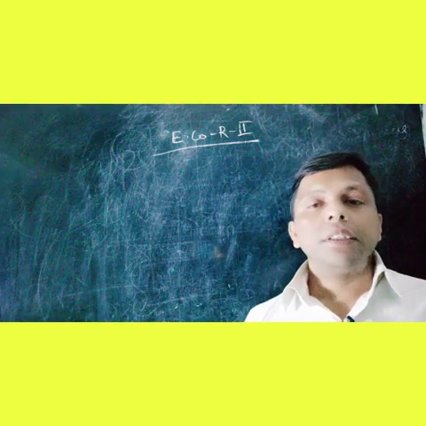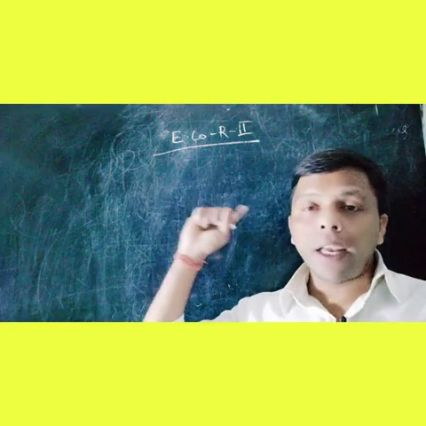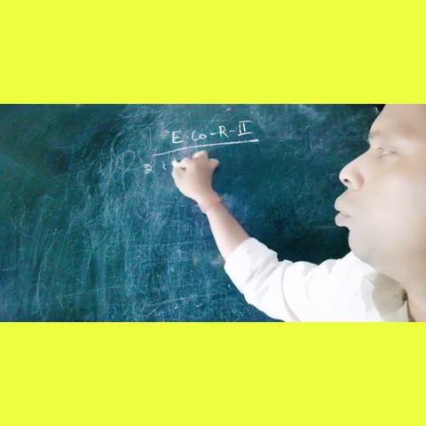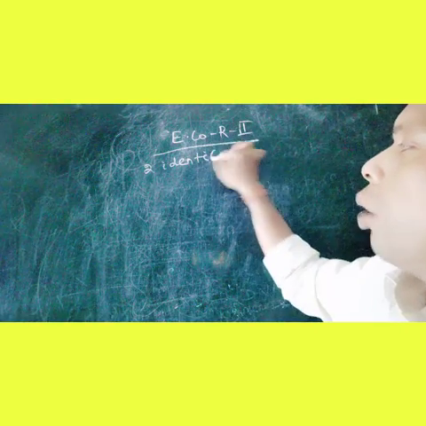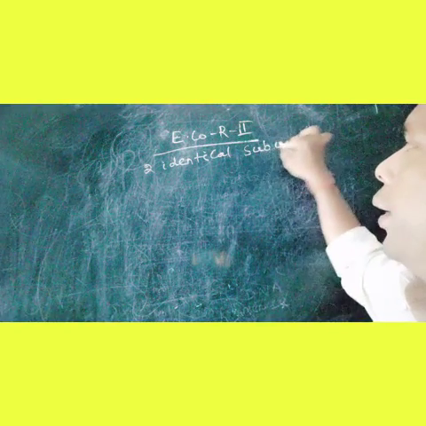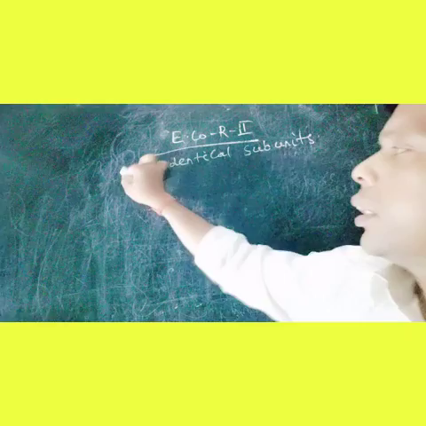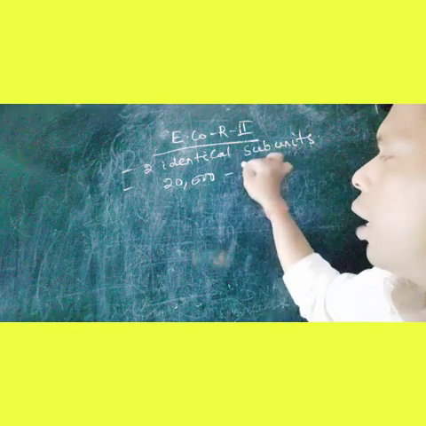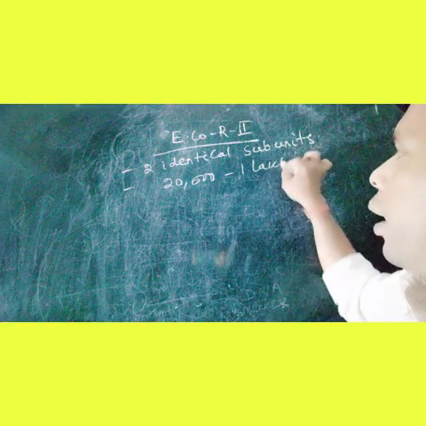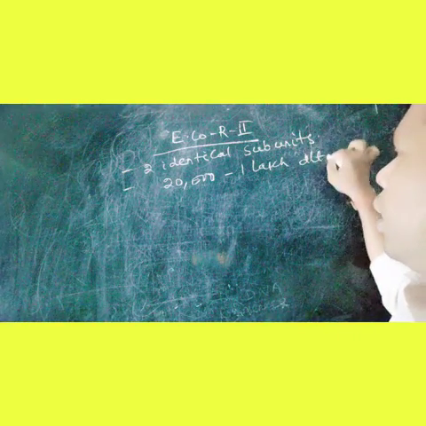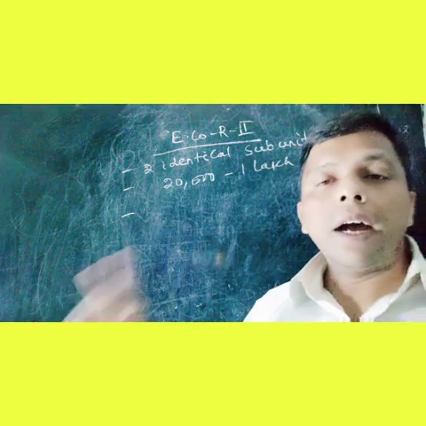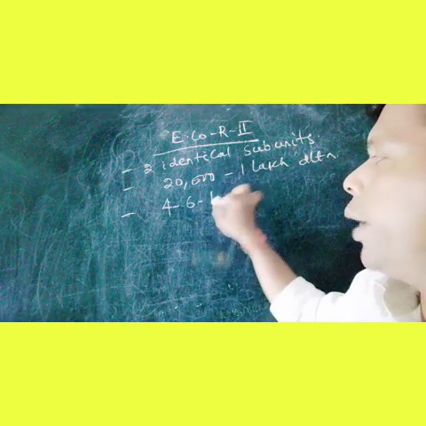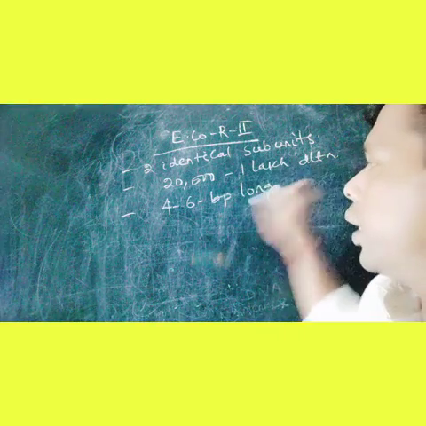Why? Because this EcoR2 is formed of 2 identical subunits. The molecular weight varies from 20,000 to 1 lakh Dalton. It has a recognition site of 4 to 6 base pairs.